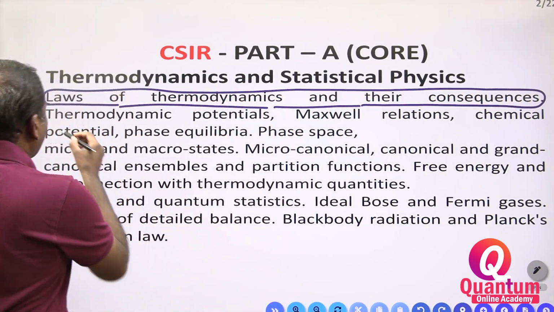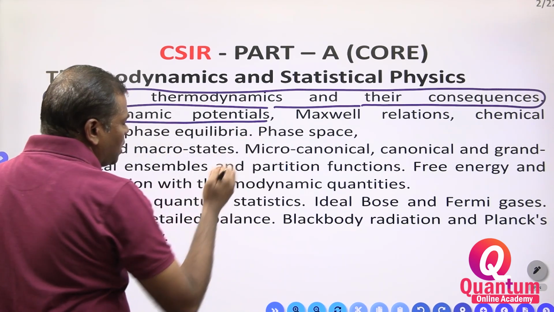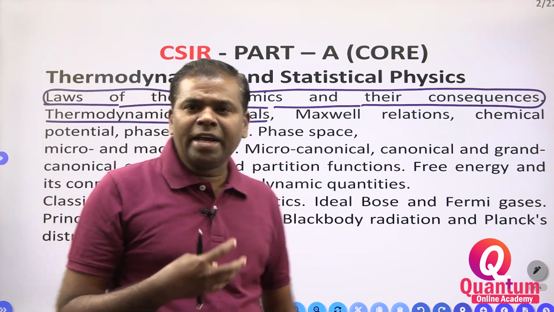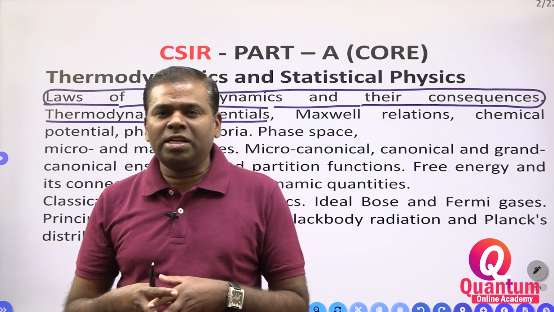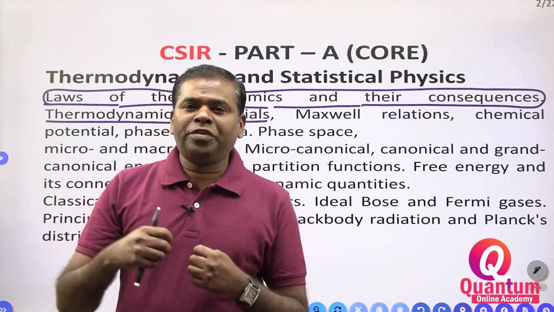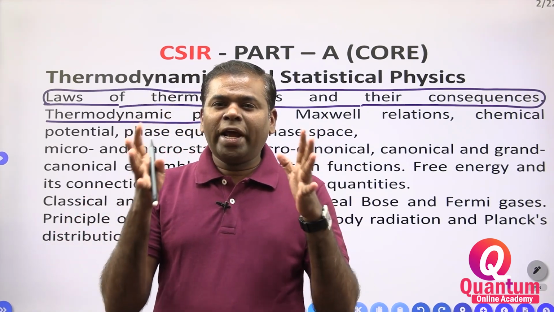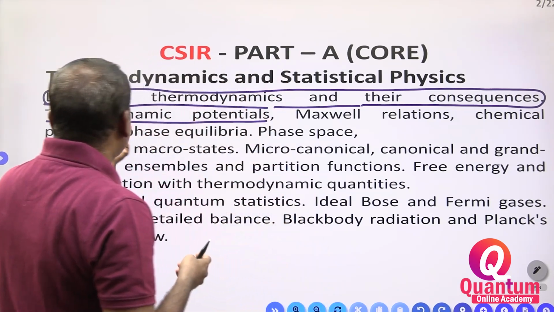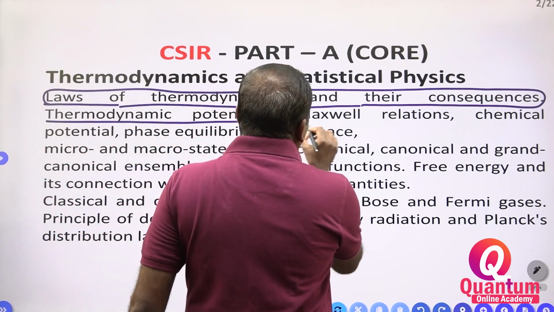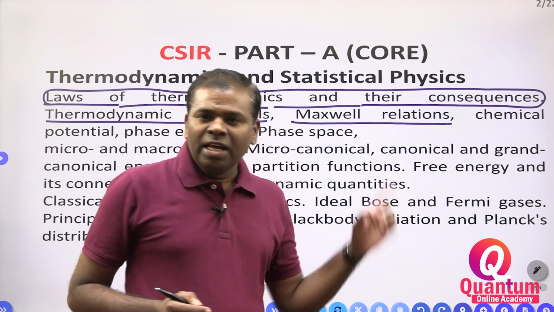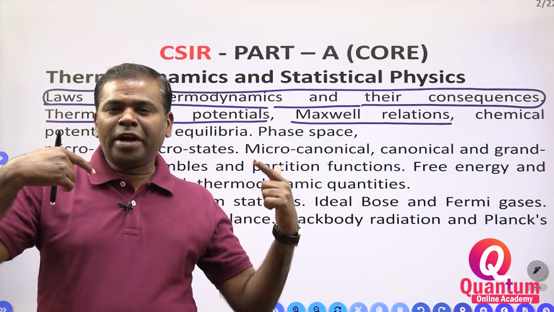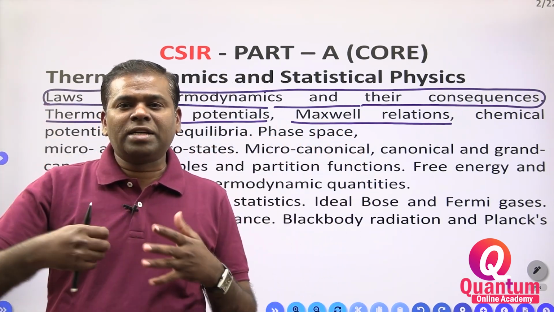Next, thermodynamic potentials. 4 potentials are there: internal energy, Helmholtz free energy, enthalpy, Gibbs free energy. These 4 energy functions are the thermodynamic potentials. Next, Maxwell relations. These relations are different from the Maxwell equations of electromagnetic theory.